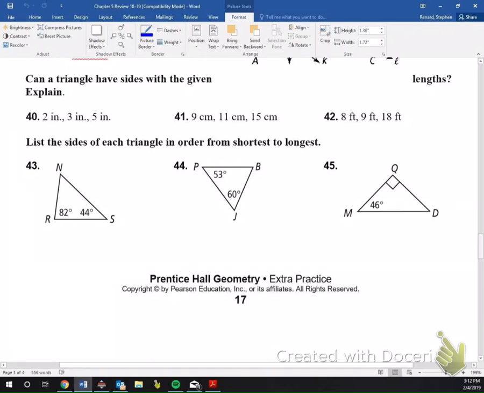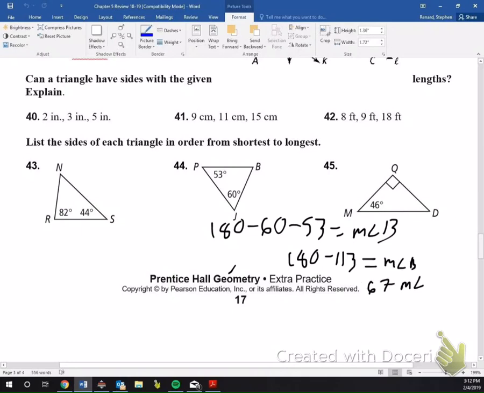44. Okay, so 43, 44, and 45 we didn't go over, but they're pretty self-explanatory. The larger sides are opposite the bigger angles. So we know that all 3 angles have to add up to 180. So if we have a 53 and a 60, then we know that angle B is 67 degrees.